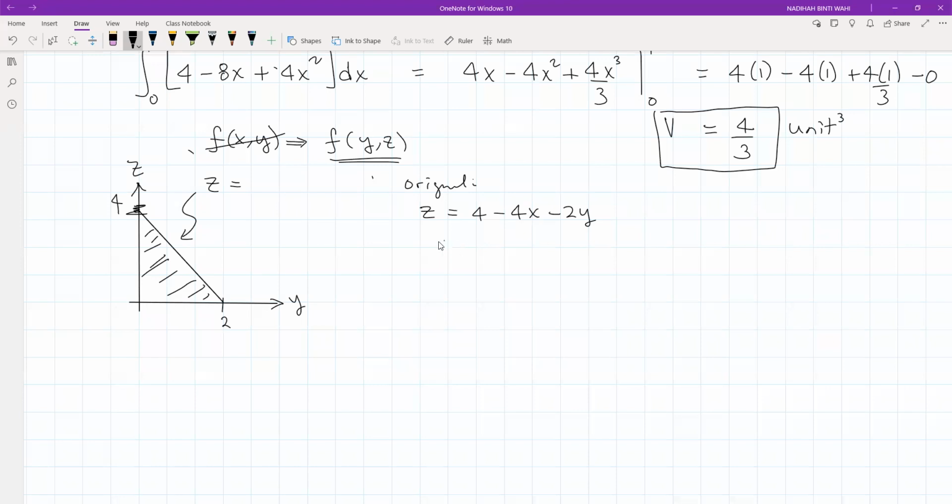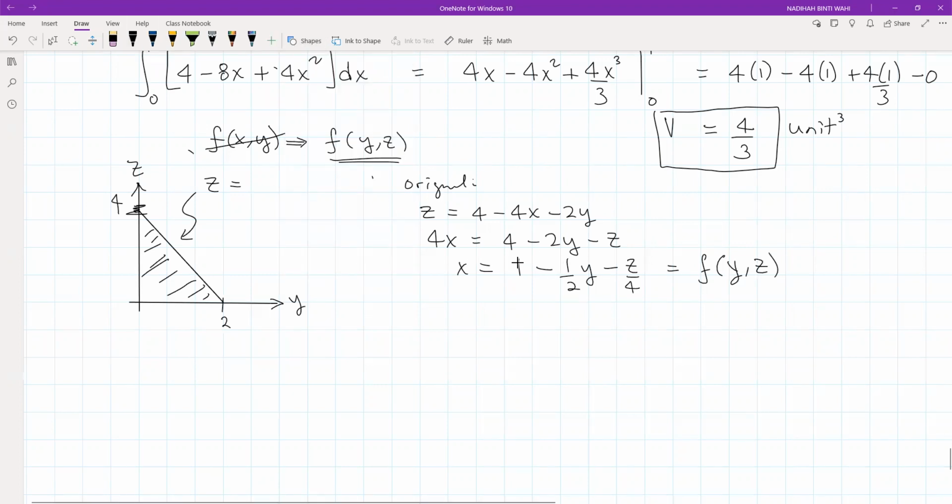So it should be 4x equals 4 minus 2y minus z. So therefore, we can have x equals 1 minus one half y minus z over 4. So now this is equal to our surface function in terms of y and z.